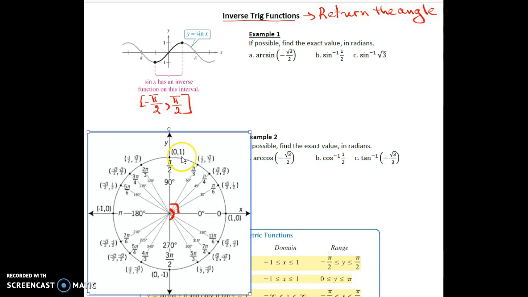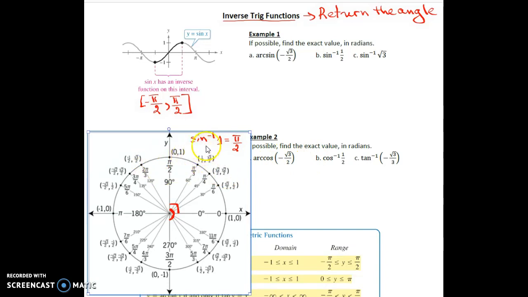If I am asking you to tell me the inverse trig function, then I would tell you, knowing that the sine is equal to 1, or sine inverse of 1 is equal to how much? As I said, the inverse trig function returns the angle, and we know that the angle when sine is equal to 1 is pi over 2.